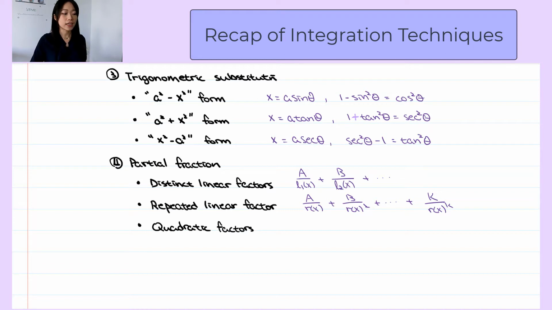The last case is when the denominator has an irreducible quadratic factor. And the partial fraction decomposition for that is a constant times x plus another constant over the irreducible quadratic function.